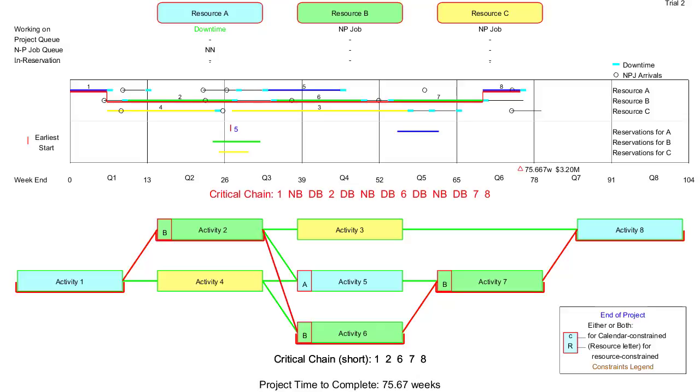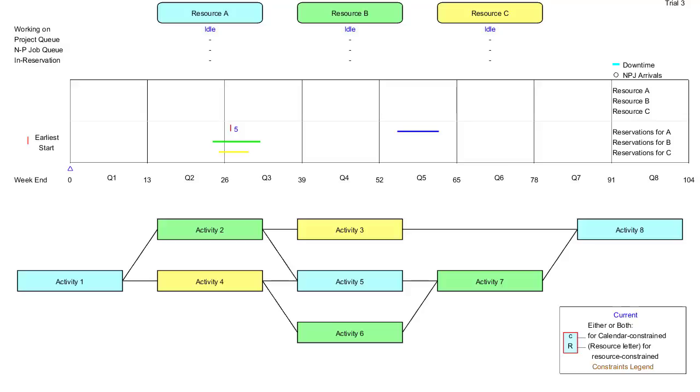Here's another critical chain. This time, activities 2, 6, and 7 are each delayed by Resource B performing several non-project jobs. I'll rerun for a third trial.